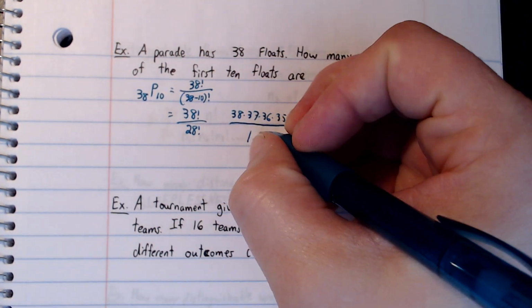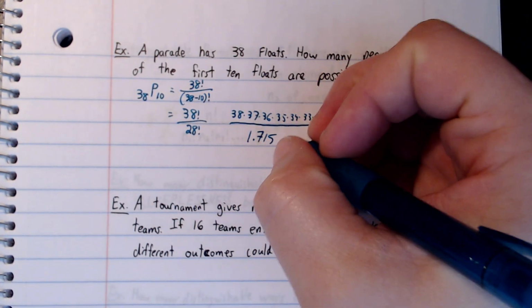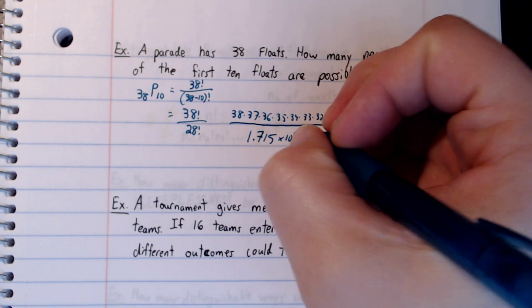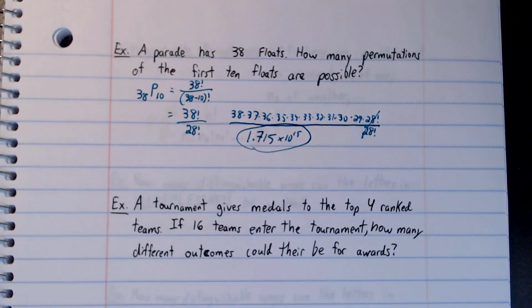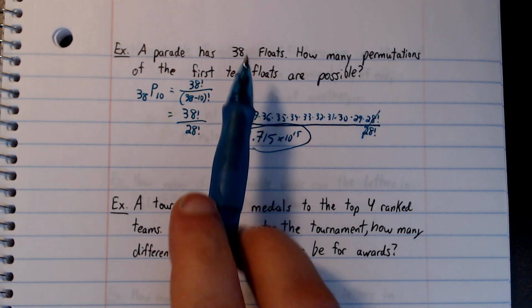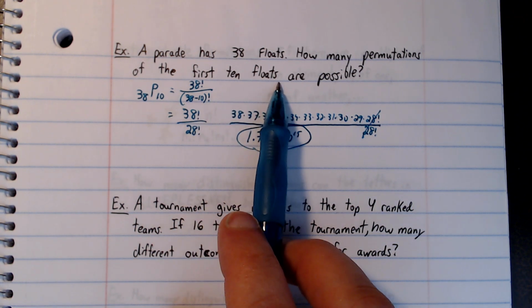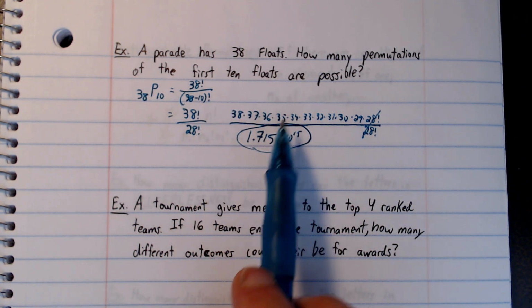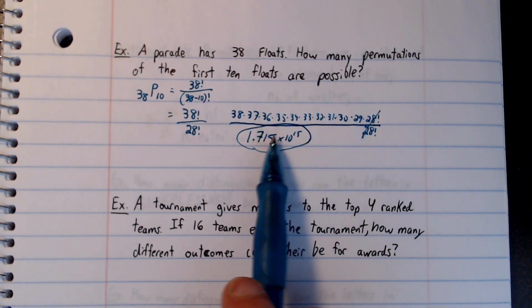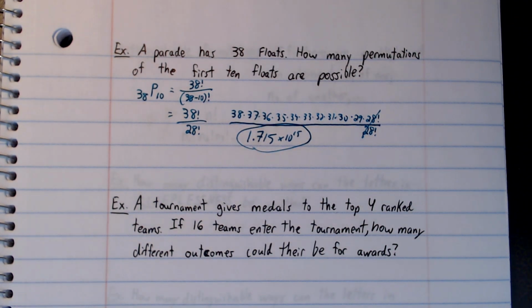Coming up with 1.715 times 10 to the 15th. So basically, if all of these artists that created these floats were to sit and argue about who the first 10 to walk across stage would be, they'd be arguing for a long time about who would come out first.